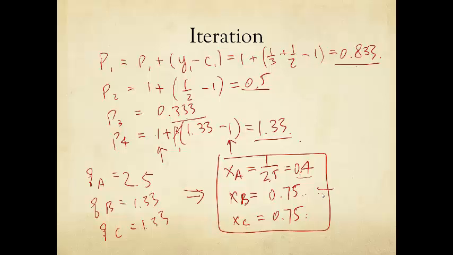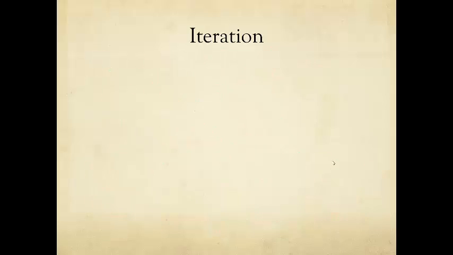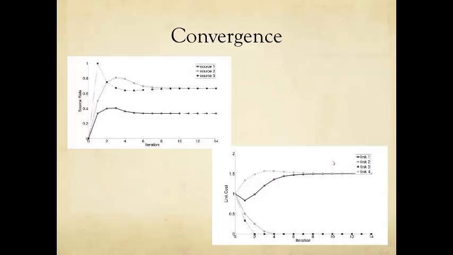And now from X you can update Y, from Y you can update P, from P you can update Q, and back to update X. This iteration continues, and this is the iteration that you see over about 14 iterations.